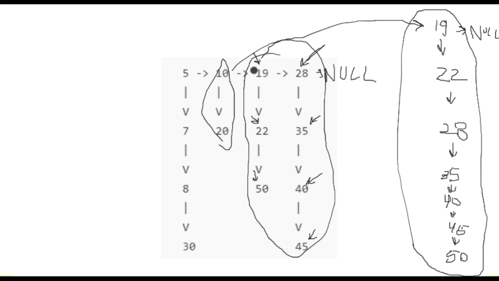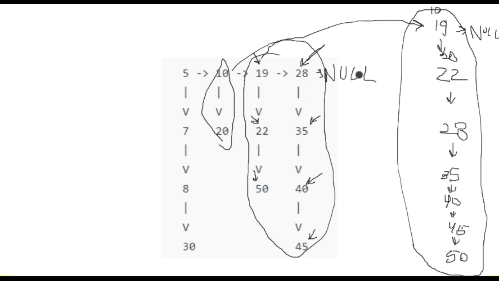Whichever value is lesser, we will keep that value, and for the remaining list we will keep on checking that. After doing that, the elements 10 and 20 will also take their place in the list. 10 will be placed up here, and 20 will be placed somewhere here.